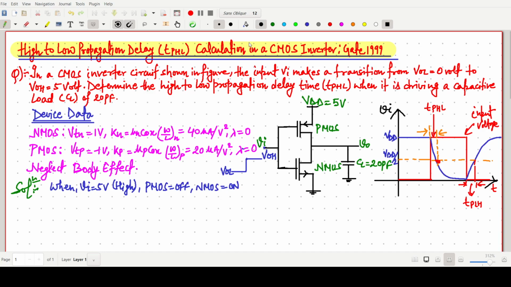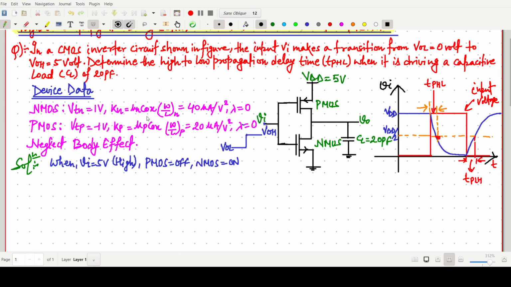So now we can make an equivalent circuit for this situation by just drawing only NMOS. Okay, so we are drawing the NMOS, and then we are giving the Vi, that is our 5 volt high value, and then this capacitor we have to put here. Okay, and this one is our CL, value is given 20 picofarad, and this one is V0.